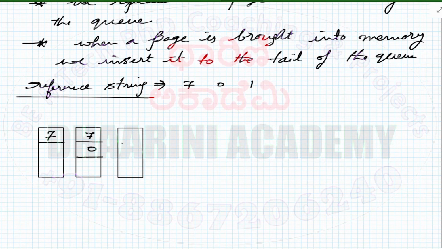So 701 is there, so 7, then 0, then 1. Now you see, if at all there is another number, a reference string comes, and if that is not getting executed, and if you want to put that into my queue, then definitely I'm supposed to put that into a location where the oldest string exists.